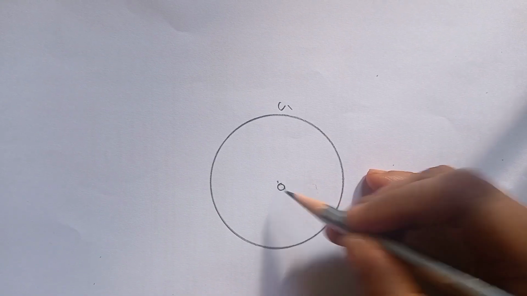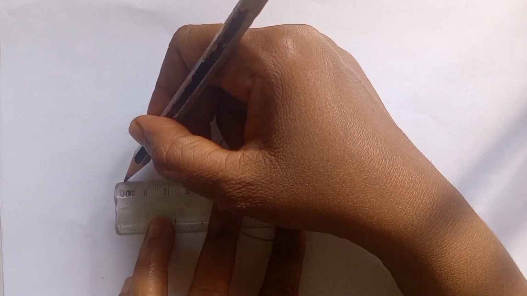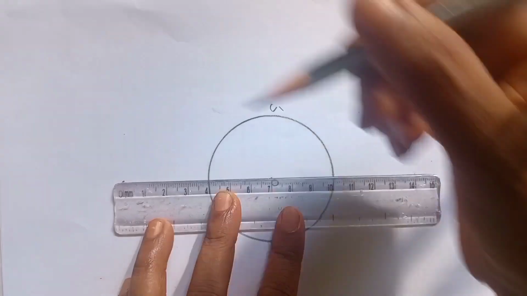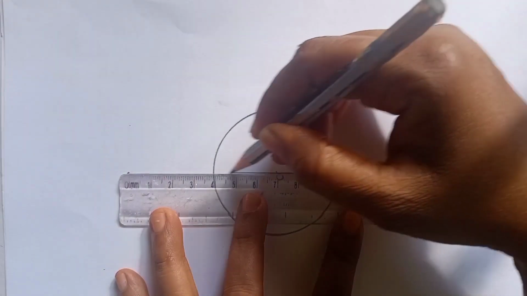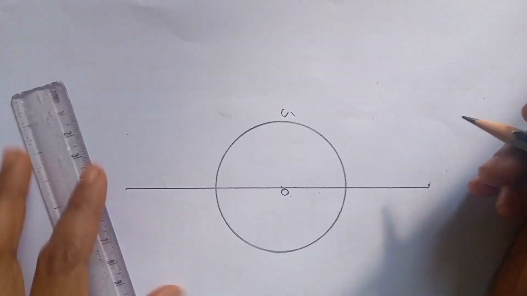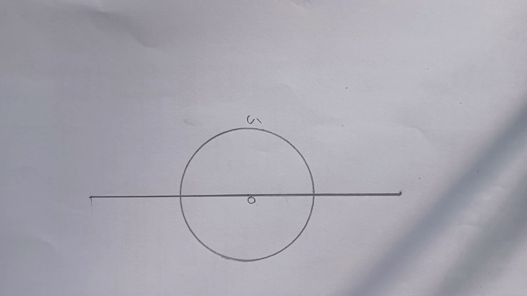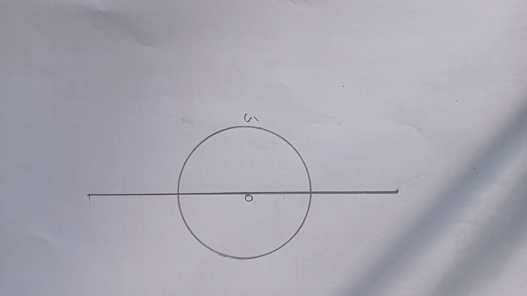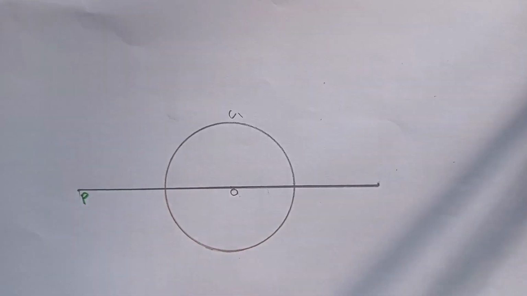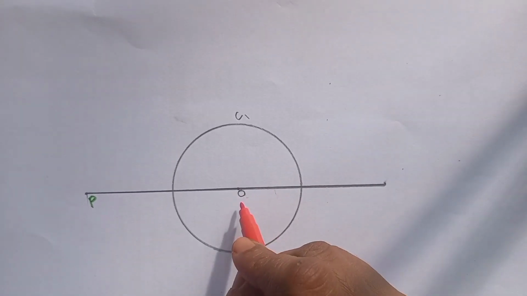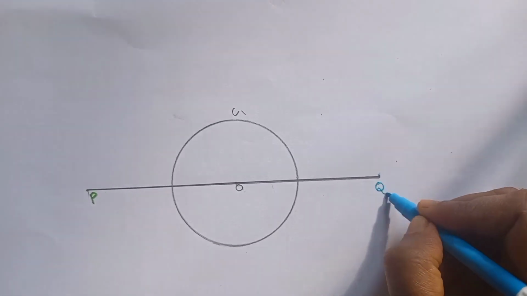Then from the center here, let us mark 7 centimeter. Now let us join these. Here I am using sketch pens to mark the points P, O and Q, but you don't use them in your exams. This is our point P and this is center of the circle O, and this is our point Q.